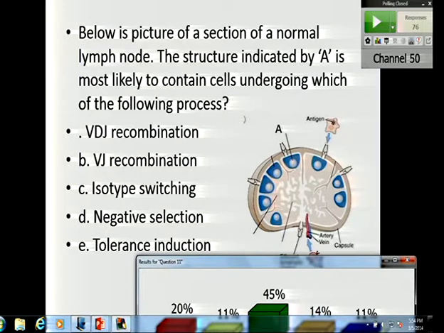An antigen and antibody encounter, or antigen and lymphocytes encounter, always takes place in the peripheral lymphoid organs. So this is an important concept which you should remember. Isotype switching, yes. After they meet with the antigens, mostly the plasma cells are usually seen in the medulla.